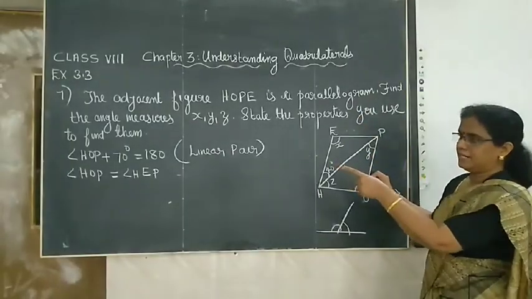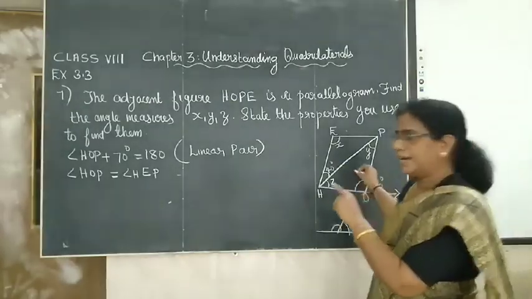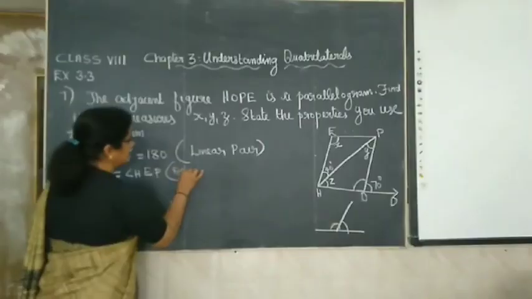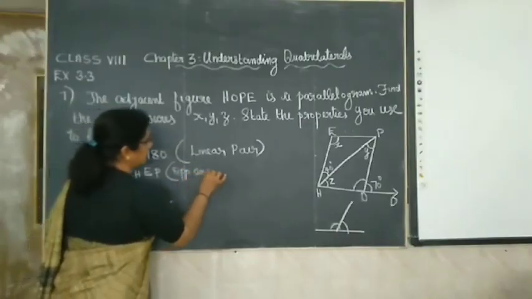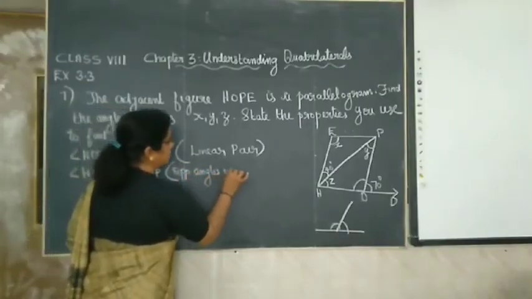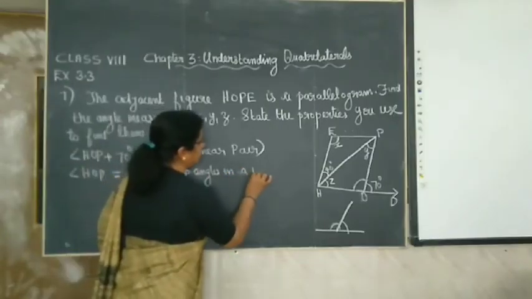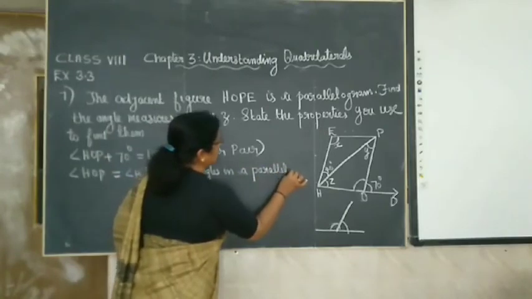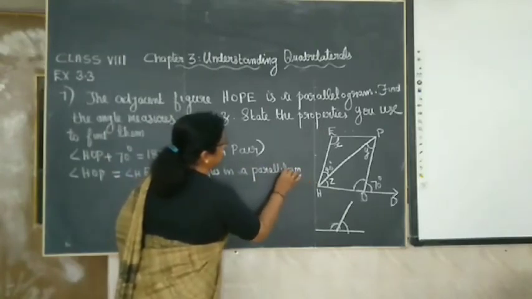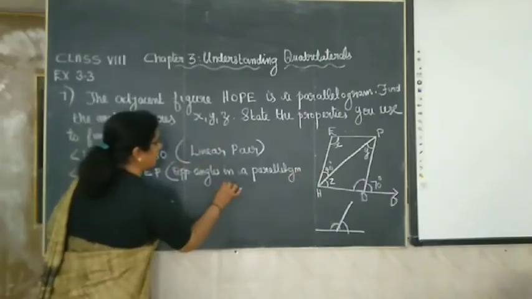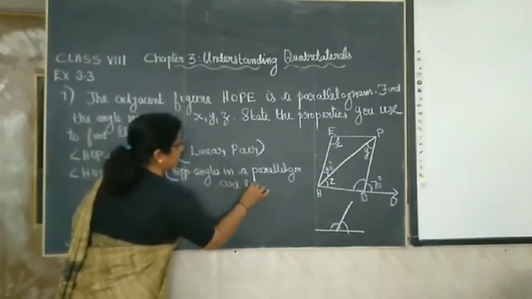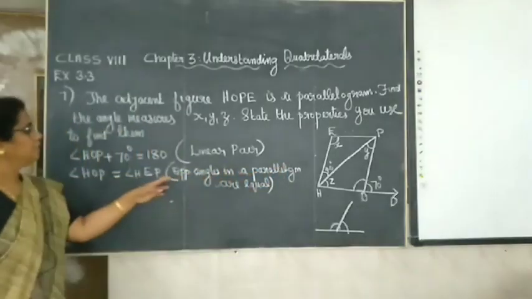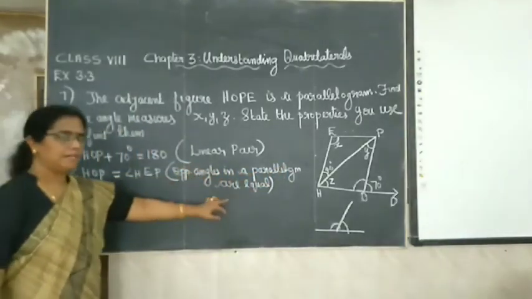Therefore I have written here angle HOP equal to angle HEP. Reason is opposite angles in a parallelogram are equal. If you want, you can write in the school: parallelogram, opposite angles in a parallelogram are equal.